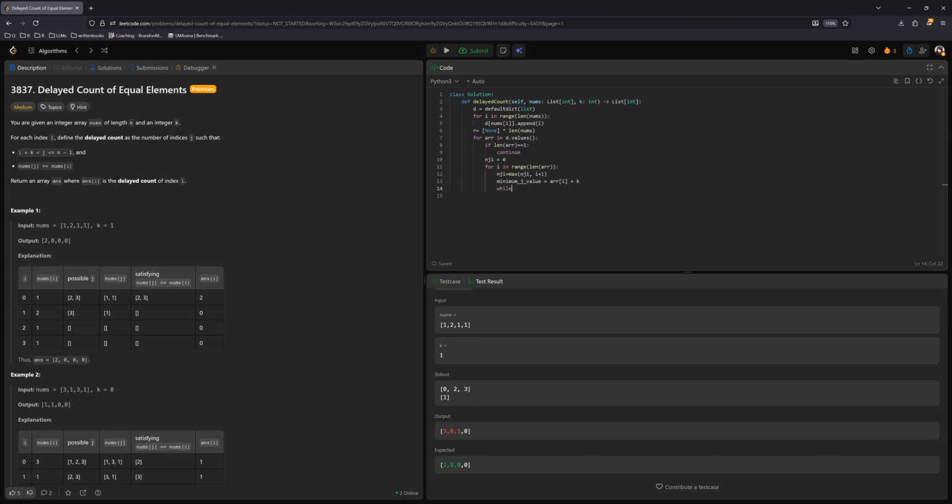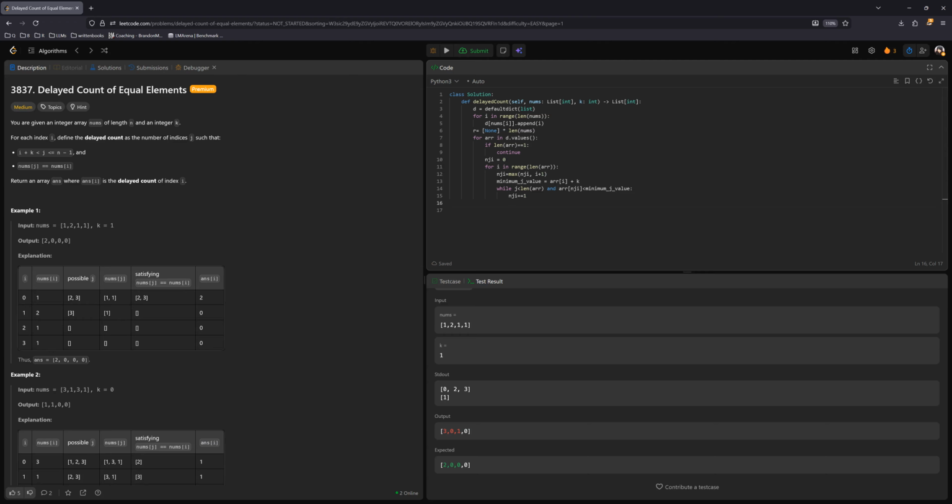Now, while J is lesser than length of ARR and ARR of next J index is lesser than minimum J value, then next J index plus equals 1.